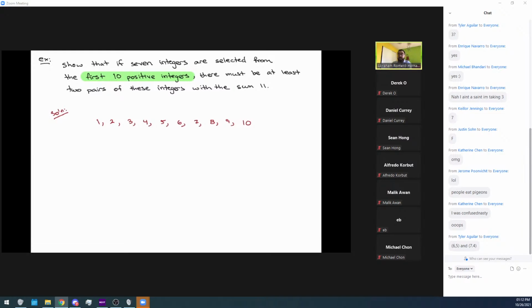Now we are caring about which ones add up to 11, right? So let's look at these as pairs. We have 1 and 10, 2 and 9, 3 and 8, 4 and 7, and 5 and 6.